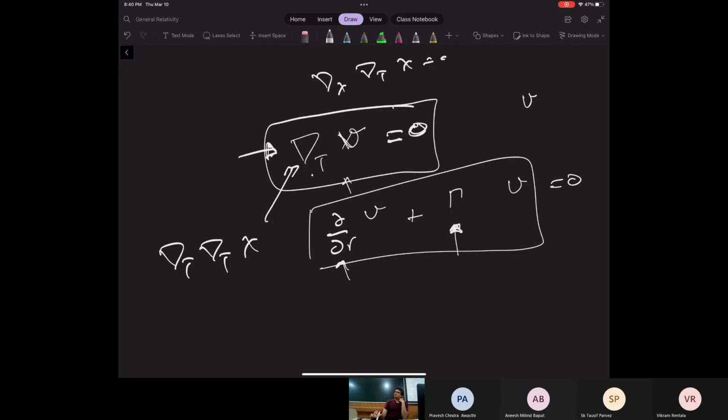And I don't think these connection coefficients will be zero. So you have to work out this gamma r. I think you'll get this component to be non-zero, right? So if I work out v, V is non-zero in the R direction.